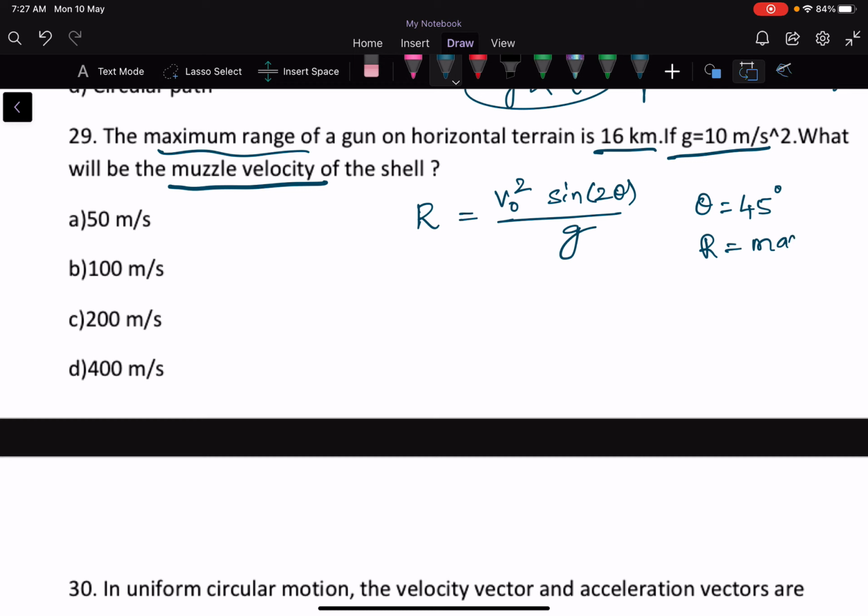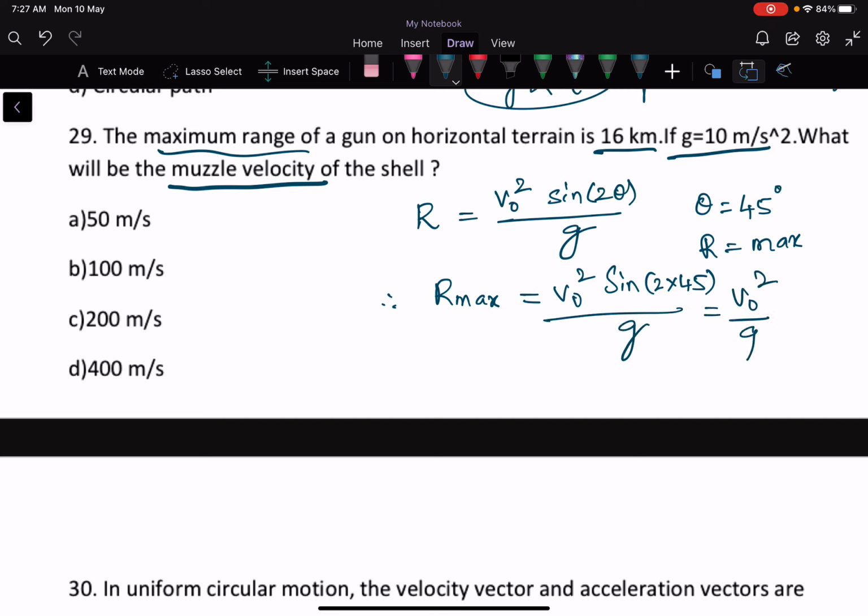Therefore, R maximum is equal to v0 square sine 2 into theta, theta is 45, divided by g. So v0 square divided by g, since sine 90 is 1. He has given R maximum equal to 16 kilometers. That means 16,000 meters is equal to v0 square divided by g. Take g as 10. By solving this, you will get the answer for the v0 value.